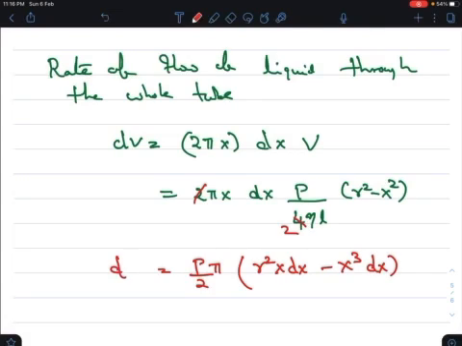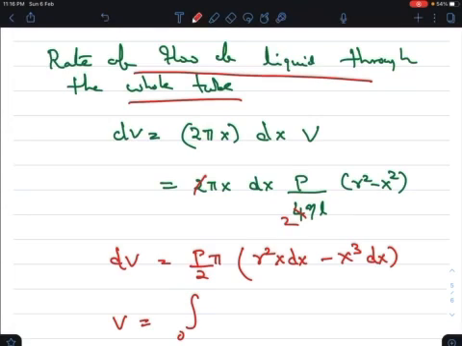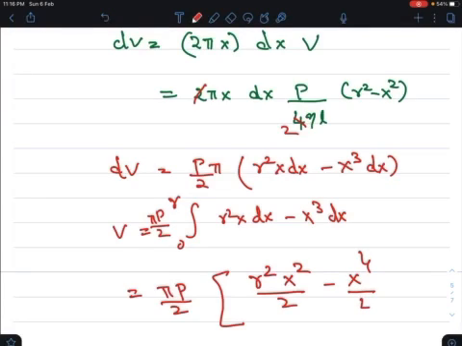That's my dV. So we can write the rate of flow of liquid through the whole tube. That is V is equal to integral 0 to R, P pi by 2 is constant, r square x dx minus x cube dx. So this we can get as pi P by 2 into r square into x square by 2 minus x raised to 4 by 4 from 0 to r.